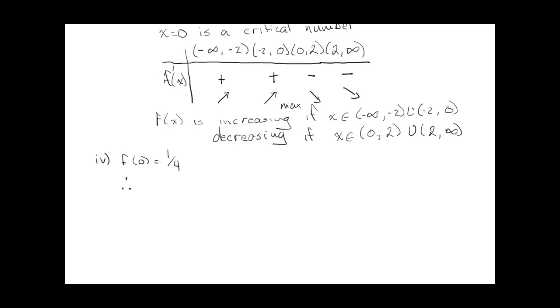So therefore, there is a local maximum at 0, 1 over 4.